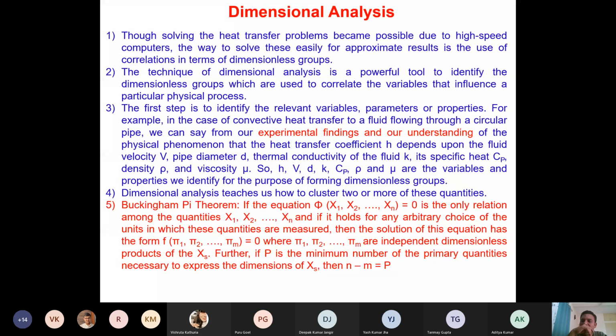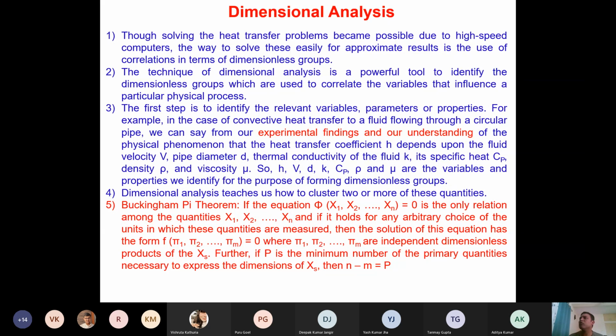But then another question comes to our mind: when we are saying correlations, what type of correlations are we talking about? Are these perfectly black box type of correlations, that means purely data based, or do these have some physical significance behind them? These are the questions we are trying to answer in dimensional analysis.